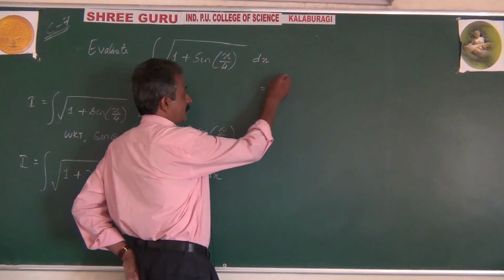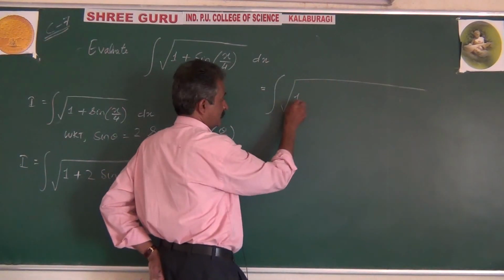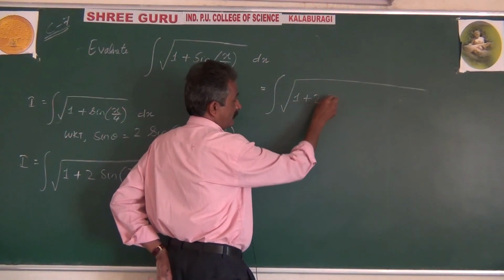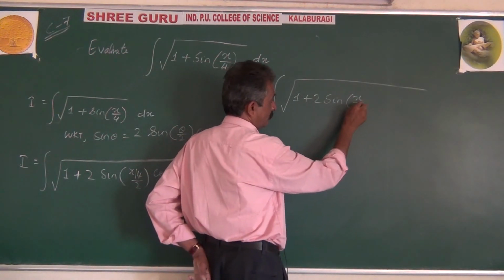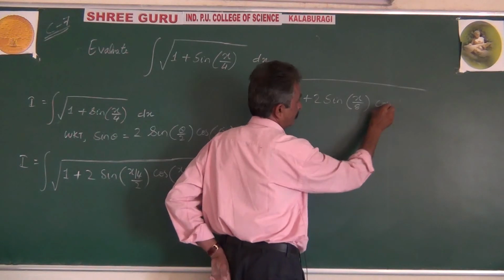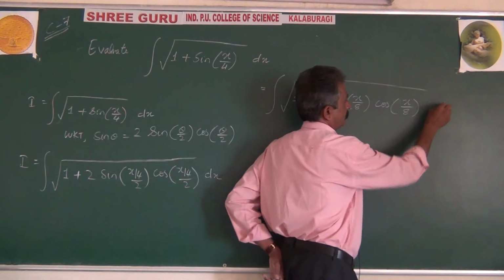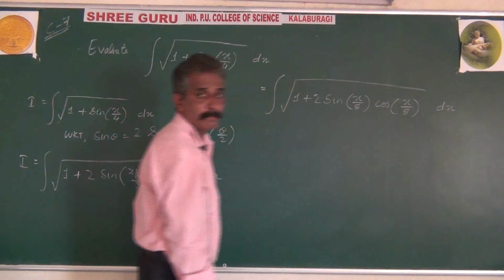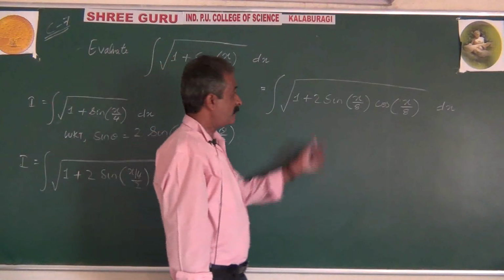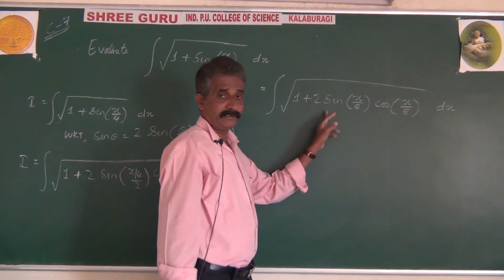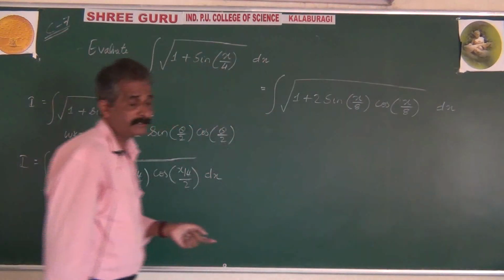That is equal to integration square root of 1 plus 2 sin x by 4 by 2, which becomes x by 8, into cos x by 8. We have the term 2ab. It is just like 2ab, but we don't have a square plus b square.